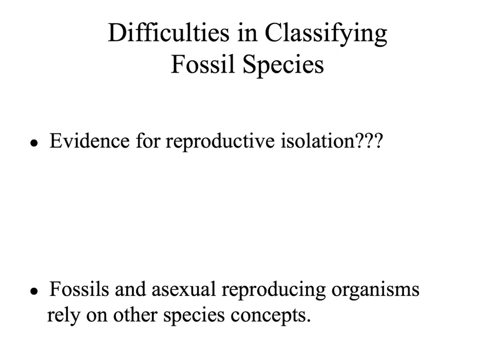It's very difficult to tell if two fossil skeletons have ever reproduced together. So, when looking at fossils and asexually reproducing organisms, scientists have to rely on other species concepts, generally the morphological species concept, to help them group and classify organisms.